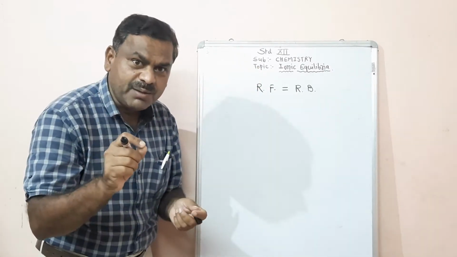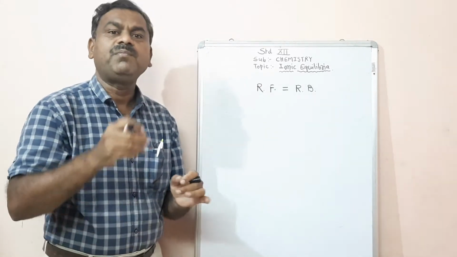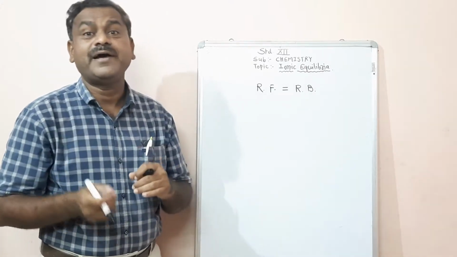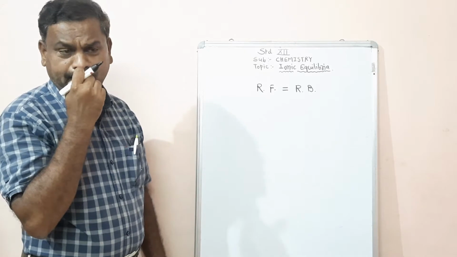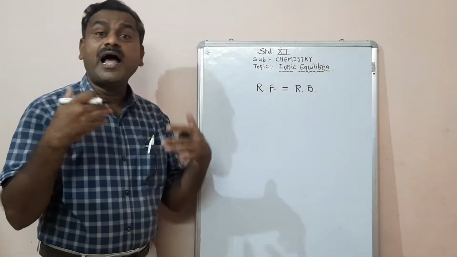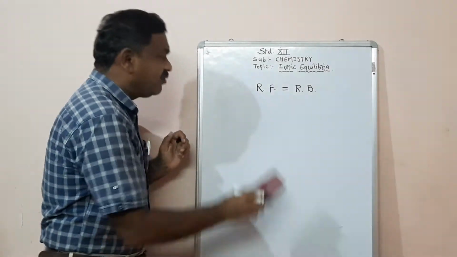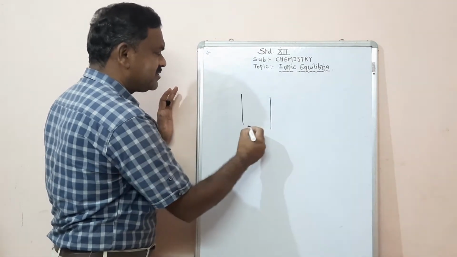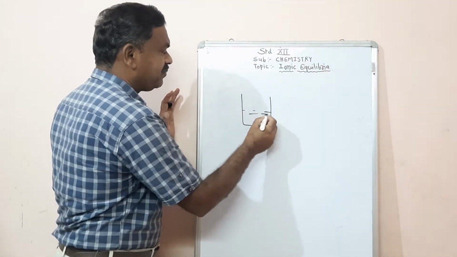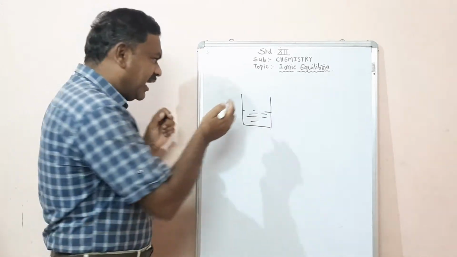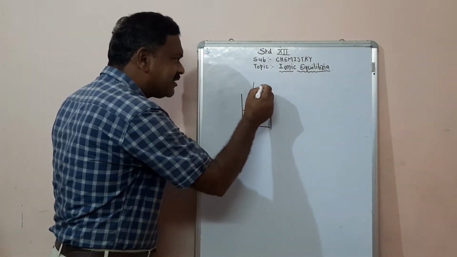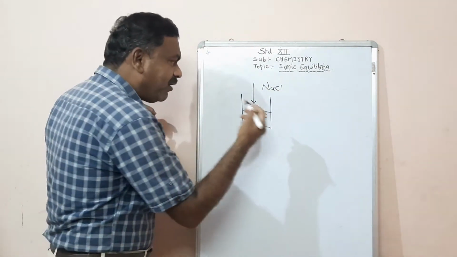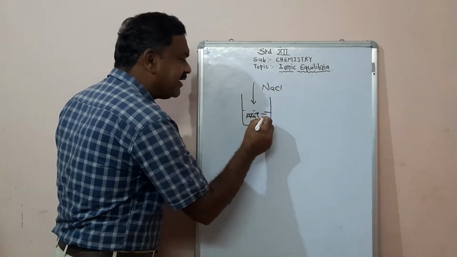Ionic equilibrium is the equilibrium between the ions and unionized molecules. Then ions and unionized molecules mean what? Now see here, let us consider one substance taken in a container. Now if you add this substance, let us consider sodium chloride, add this solution, and it forms Na plus and Cl minus.